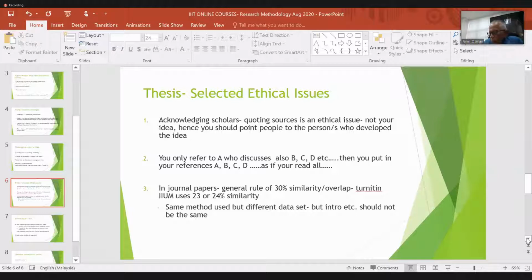So you need to make sure that even though it is your own work, if you are publishing another article from your work, that 30% rule is very, very important. All right. So these are just some ethical issues.